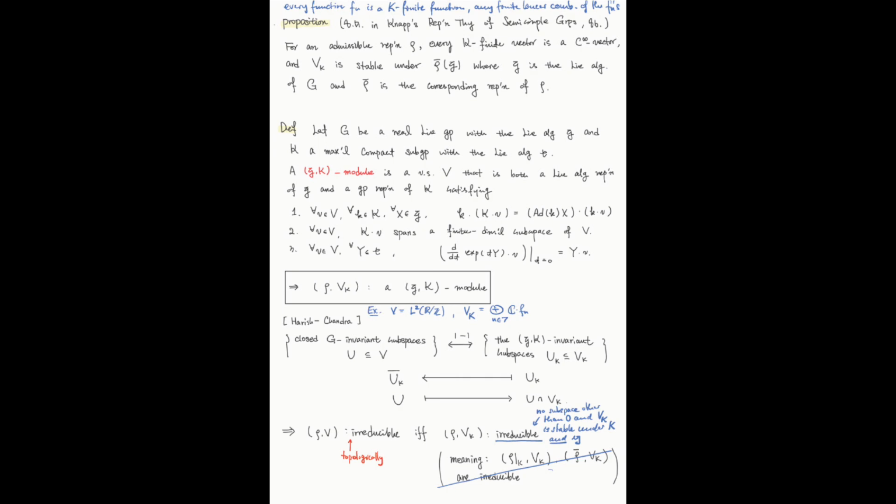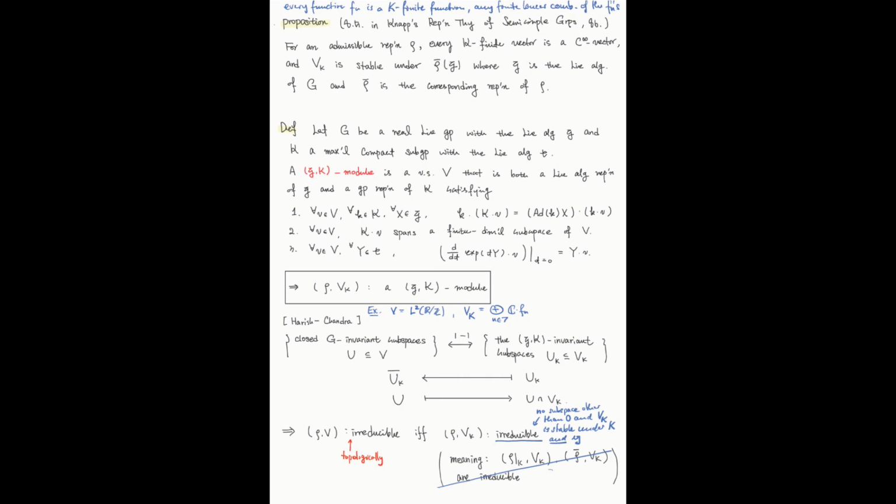Okay, and then we have the C-infinity vectors, if the map g to ρ(g)v is of class C-infinity.